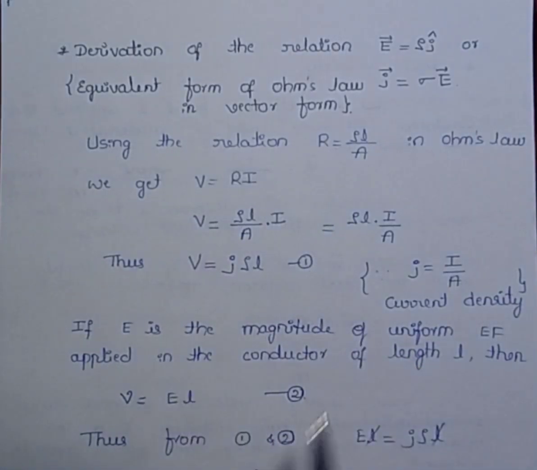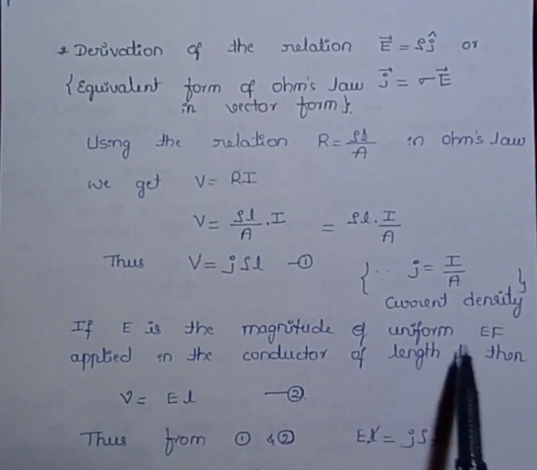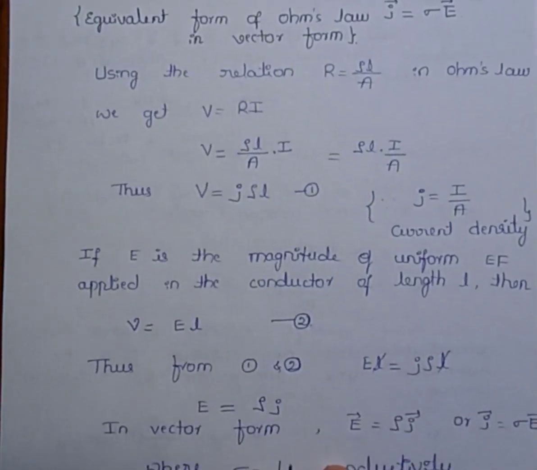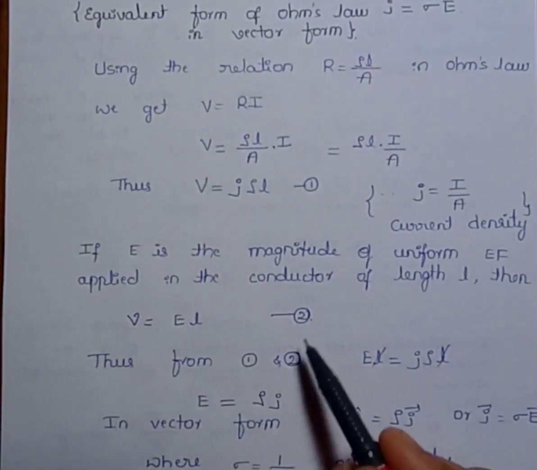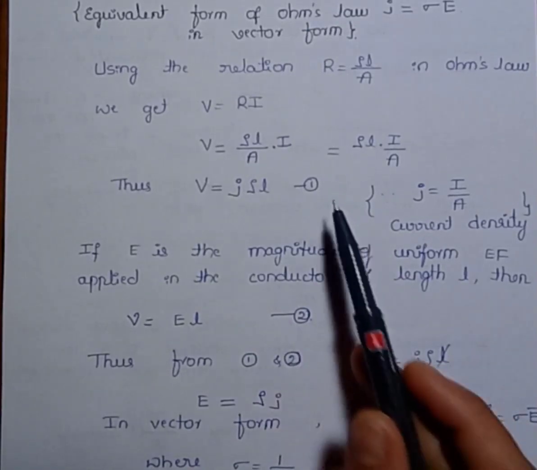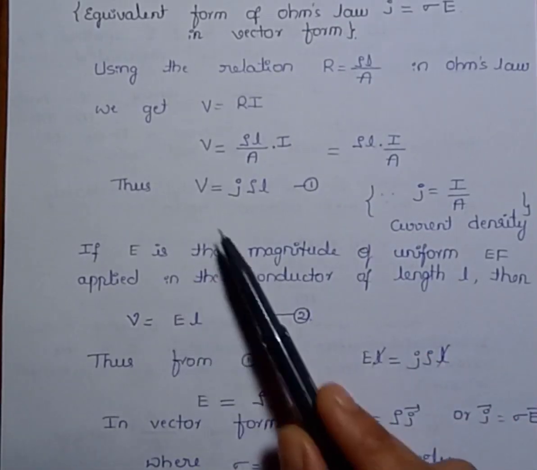If E is the magnitude of the uniform electric field which is applied in the conductor of length L, then the value of V is equal to E into L. Let us take it as equation 2. Thus from equations 1 and 2, the left hand side is the same.